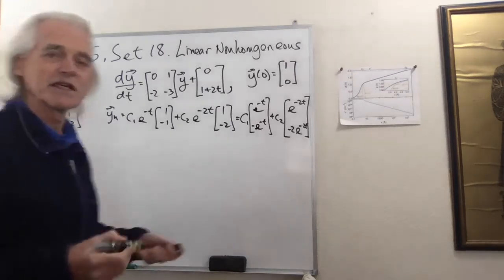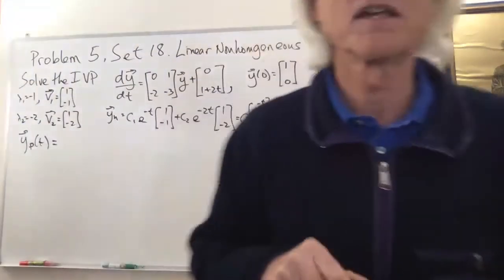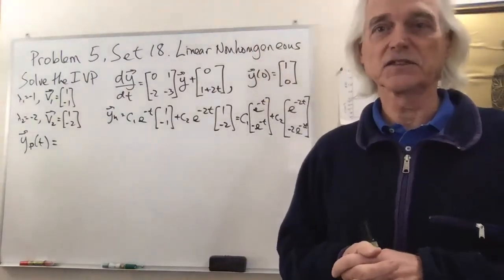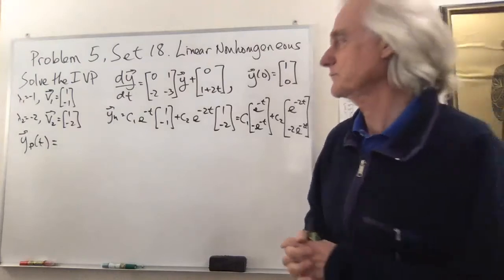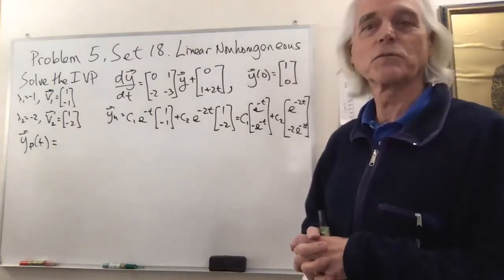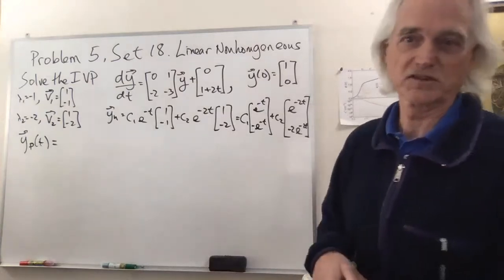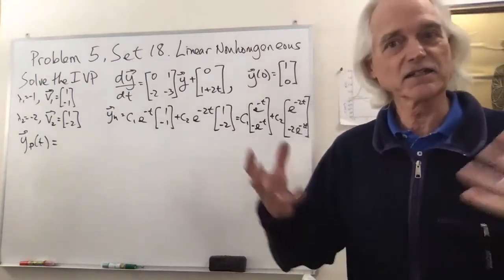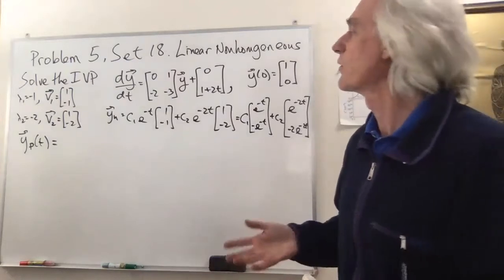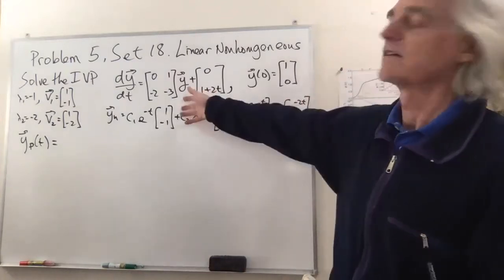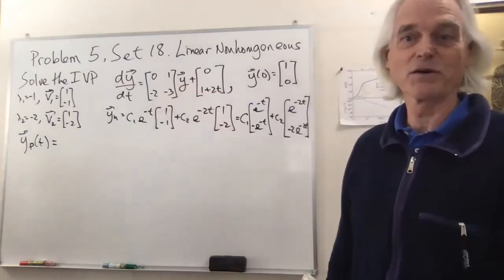Well, there is a method of computing what YP is that I haven't really told you about, but it's really hard work, and it leads to integrals that you usually cannot do in closed form unless the method of undetermined coefficients works.